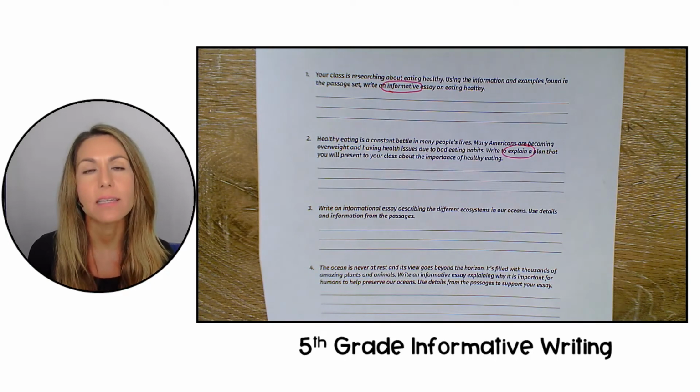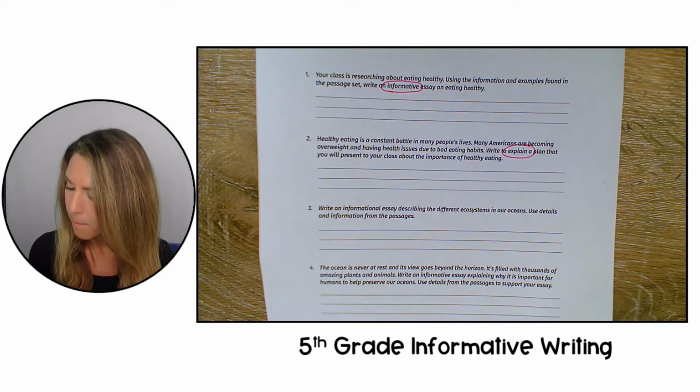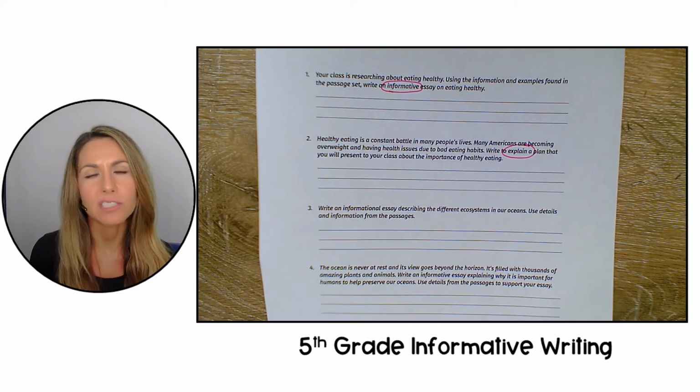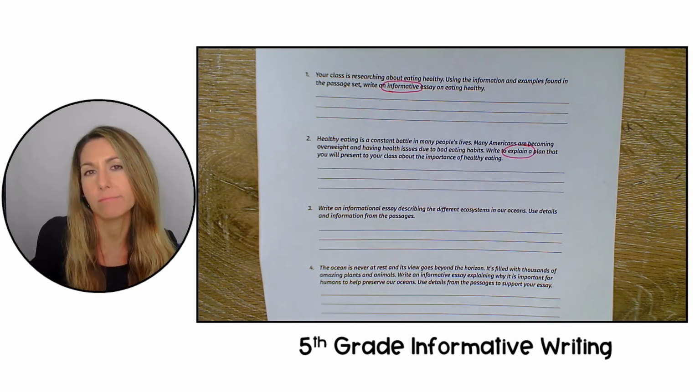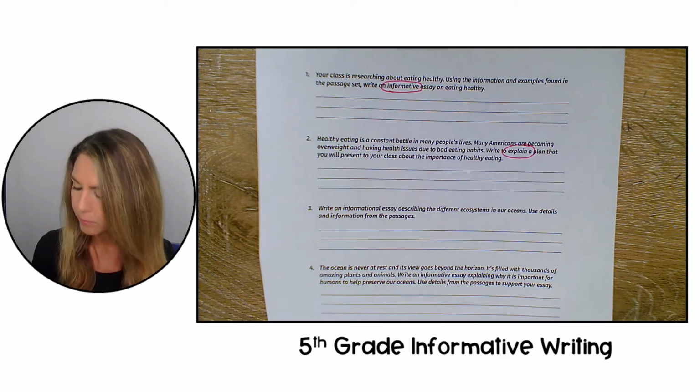That directs us to write an informative essay. Now this prompt is much more specific than prompt number 1. Prompt number 1 was pretty general. You could write whatever you wanted about healthy eating. But prompt number 2 is a little more specific.